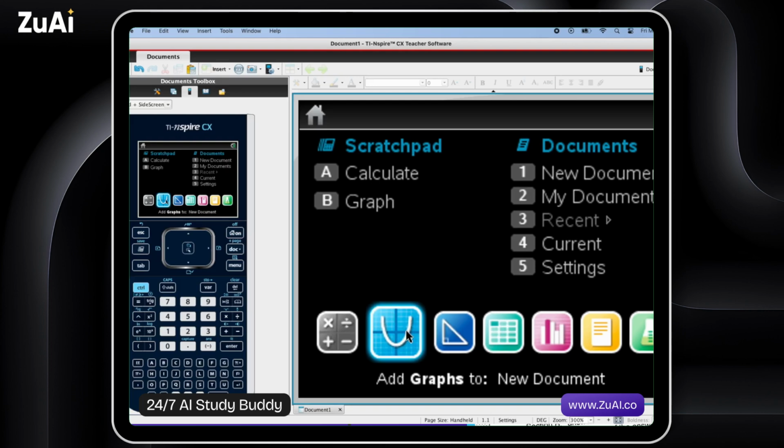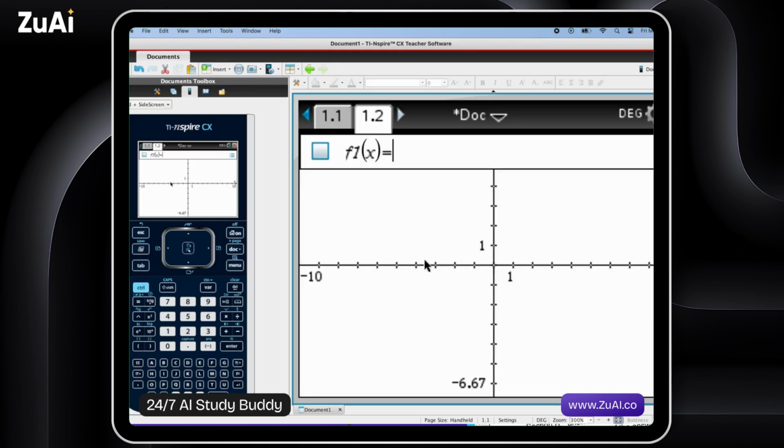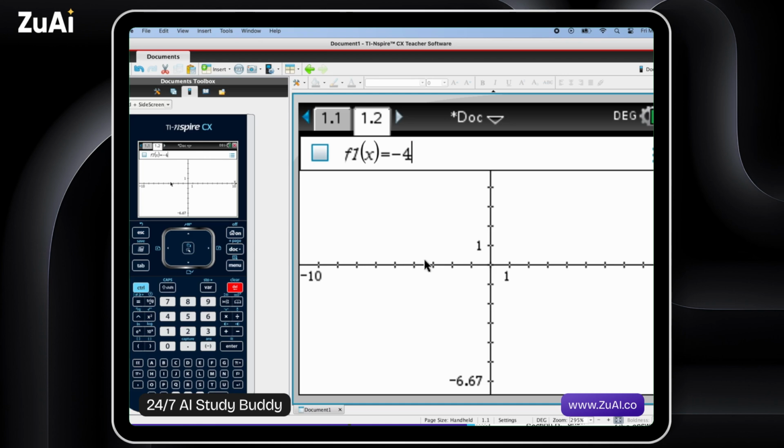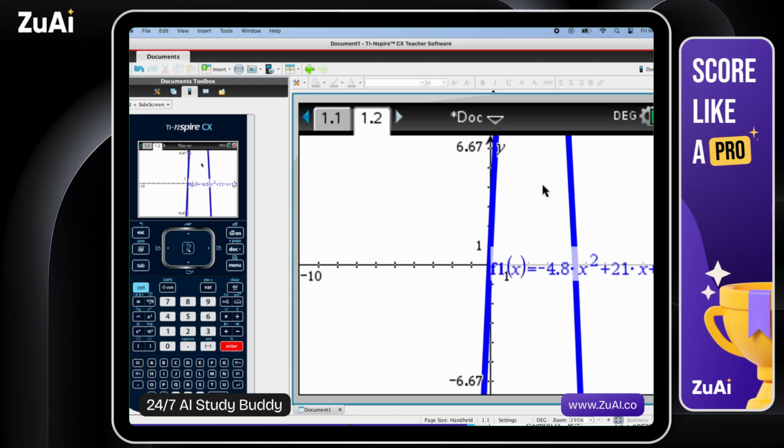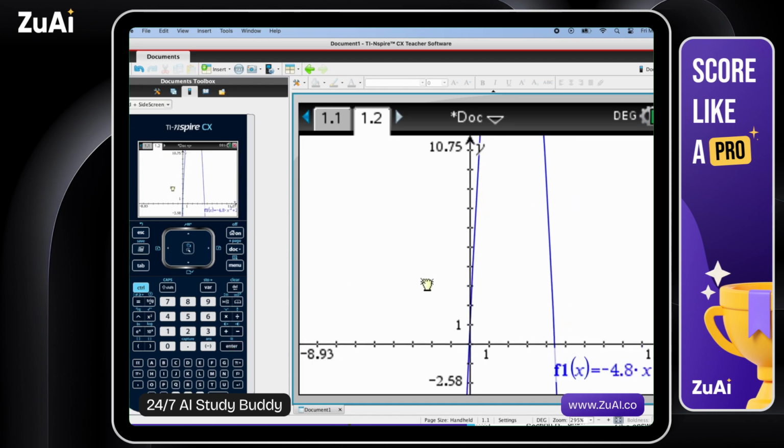Let's go into the graph. Let's graph this function, negative 4.8x squared plus 21x plus 1.2. Okay. The graph is a little funny.